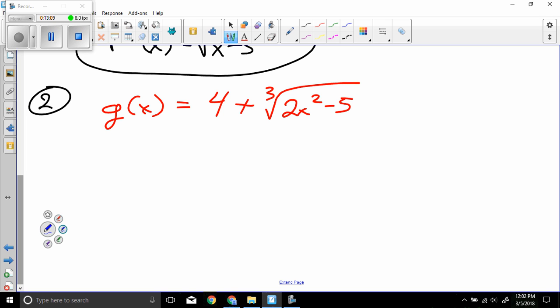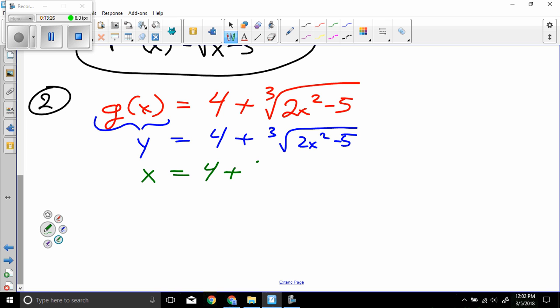First step. Okay, get rid of this g of x, make it y. Second step, replace or swap the y and the x. So that's x equals 4 plus the cube root of 2y squared minus 5.